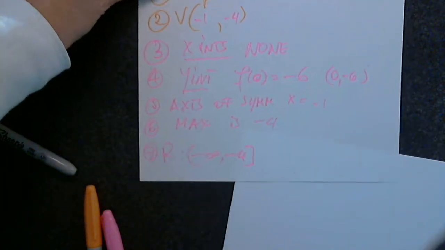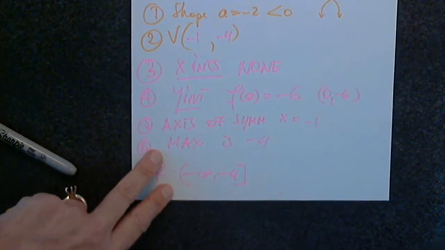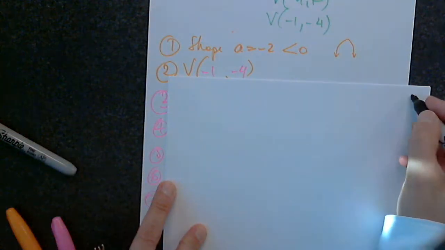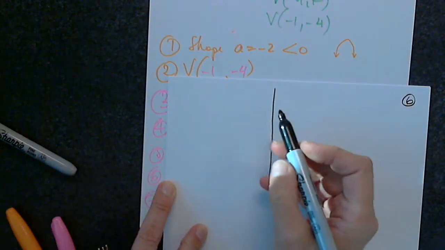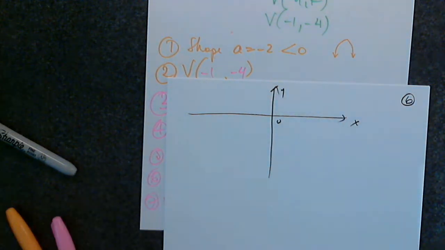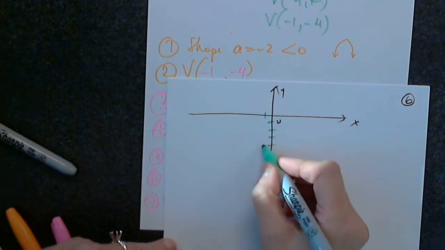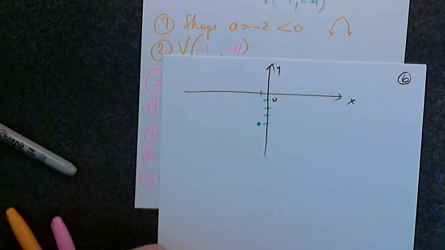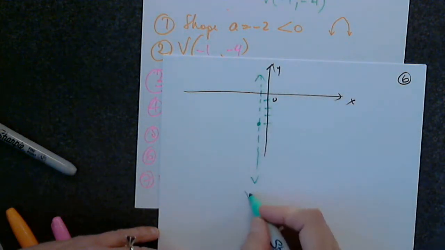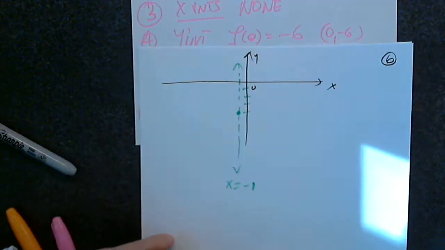So let's graph this. Now, if you need more examples, please stop me and say, I need another example, and we'll do another. So, negative 1, negative 4, the vertex, axis of symmetry, x equals negative 1, and I only have 0, comma negative 6.